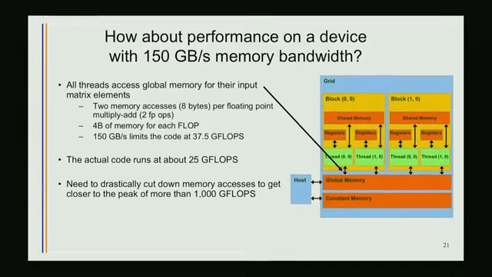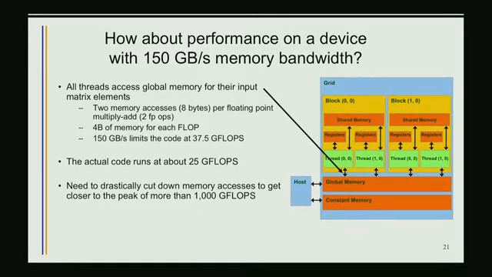Let's come to this. Let's say the particular GPU that we're working with has a peak memory bandwidth of 150 gigabytes per second. It's hypothetical. In fact, today, it's maybe about 10 times that for the highest end GPU. But the same thing I'm about to say to you still applies.